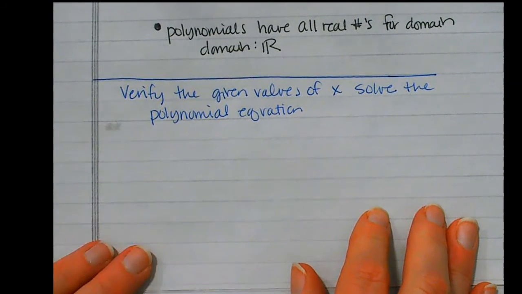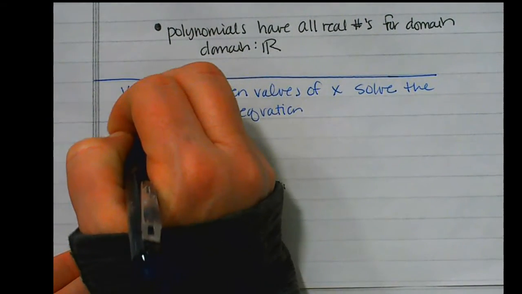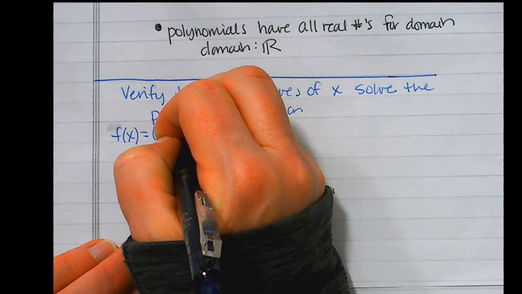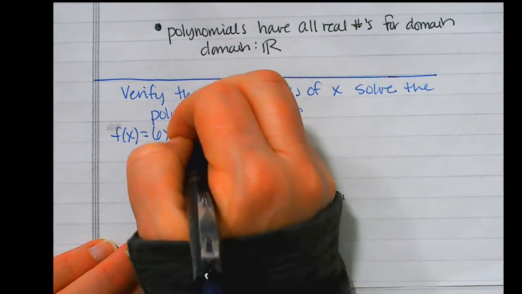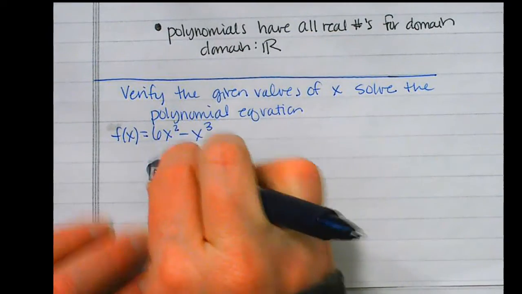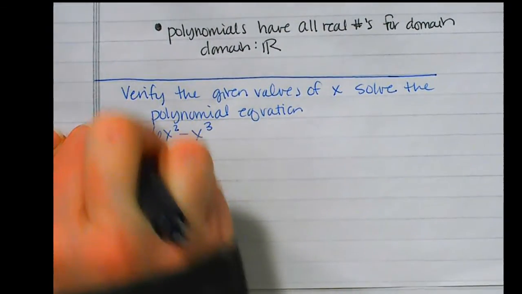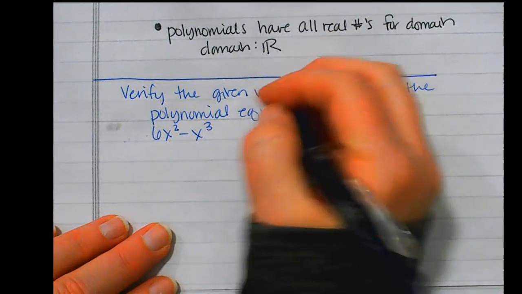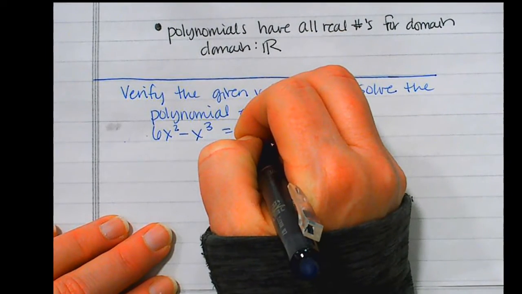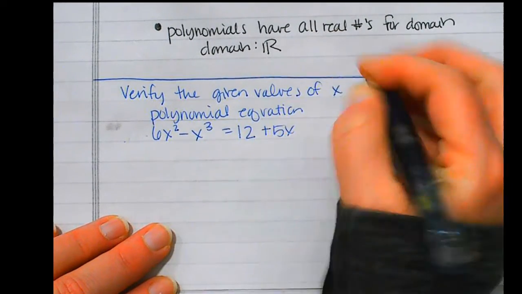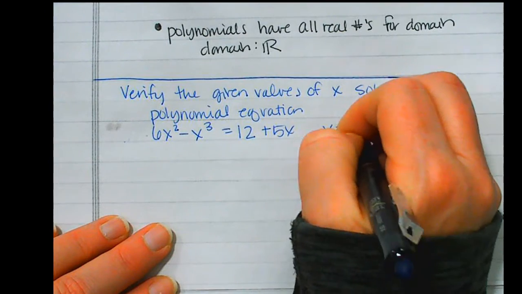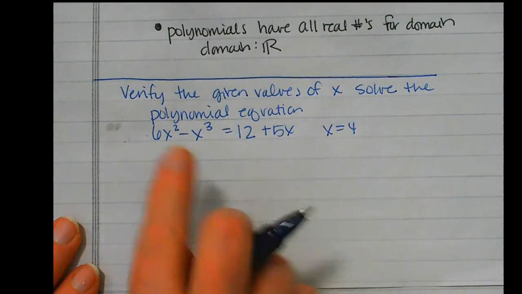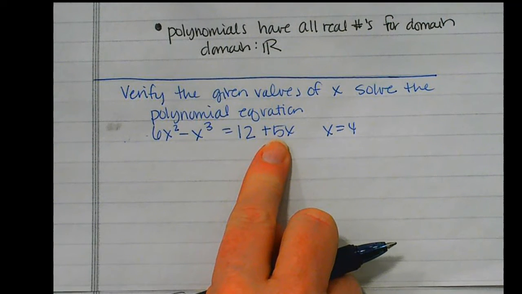Okay, if we had f of x equals 6x squared minus x cubed. I'm wrong, that's not how they wrote it. They didn't write f of x here, so cross that out. They have it equal to another polynomial, 12 plus 5x. They've written this polynomial equals this polynomial.